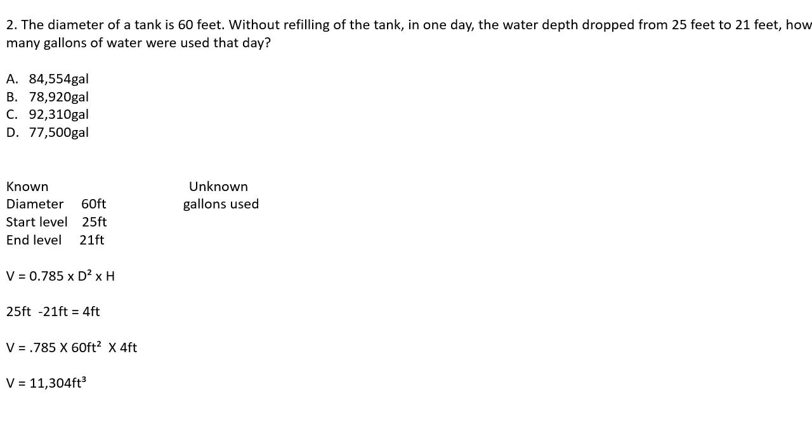Now it's looking for gallons, so we need to do our conversion. There are 7.48 gallons in a cubic foot. Remember, set this up so that what you want to cancel goes on the bottom. So we have a volume of 11,304 cubic feet times 7.48 gallons over a cubic foot. The cubic feet are going to cancel out.